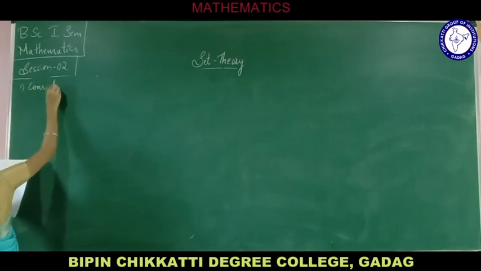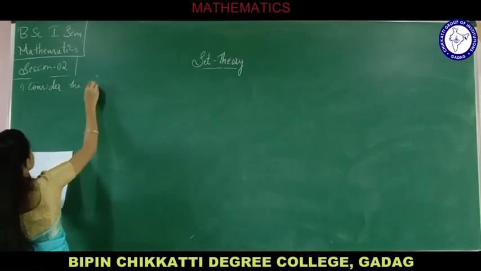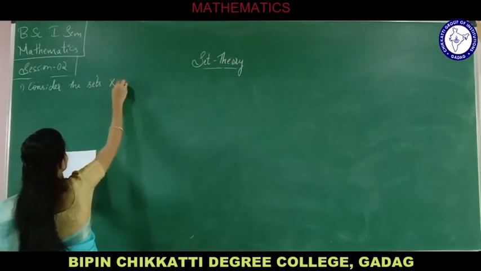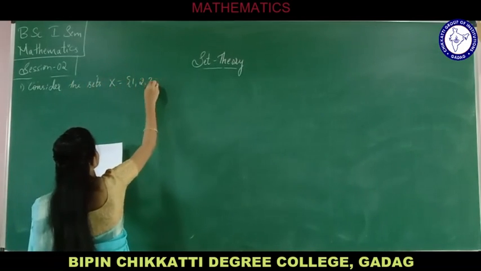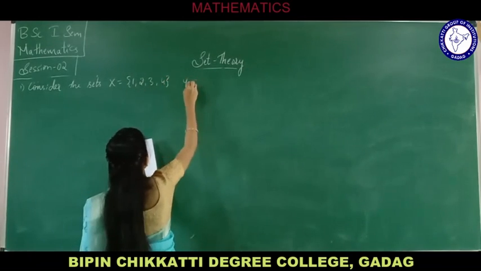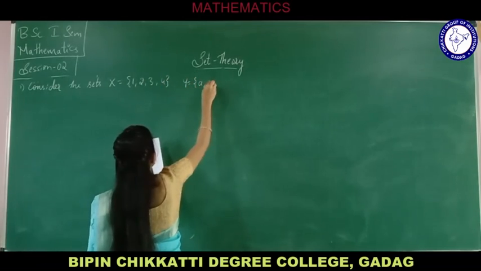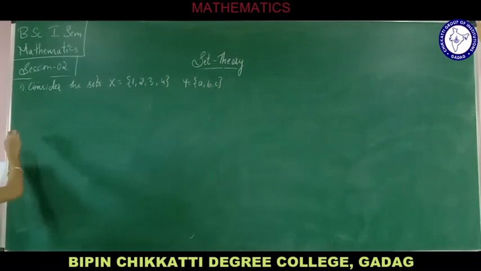Consider the sets X equals 1, 2, 3, 4 and Y equals a, b, c, and they have given us 4 functions.